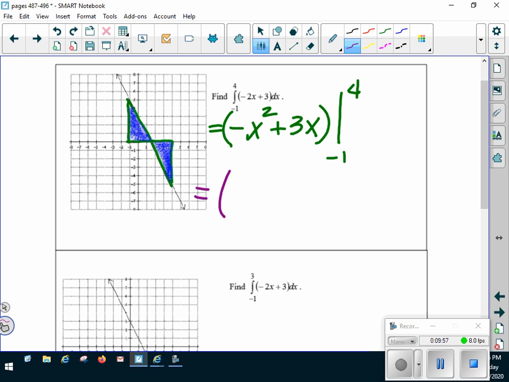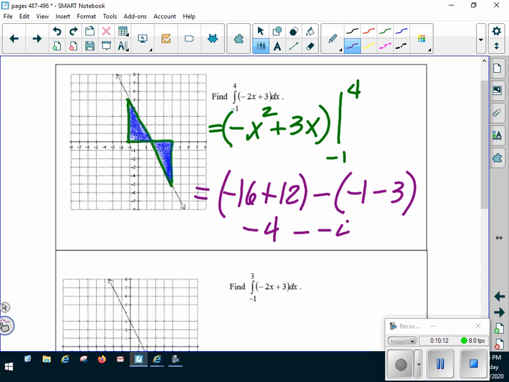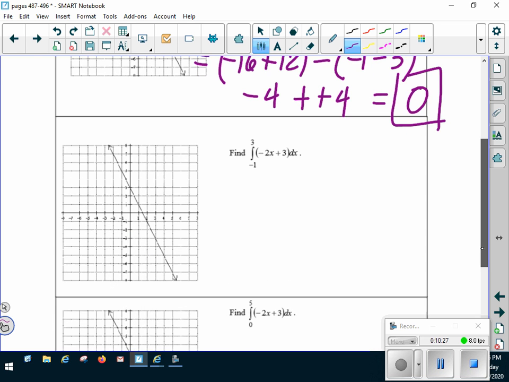So upper limit, what's that, negative 16 plus 12, minus the lower limit, negative 1 minus 3. So what's that, negative 4 minus negative 4? 0. Questions? Okay. Go to the next one.